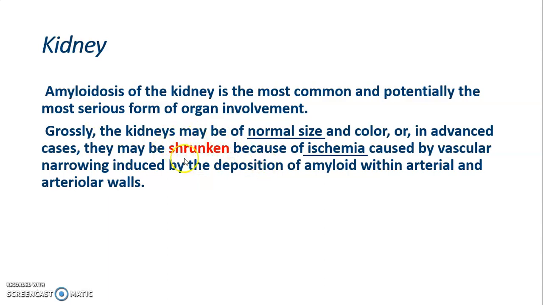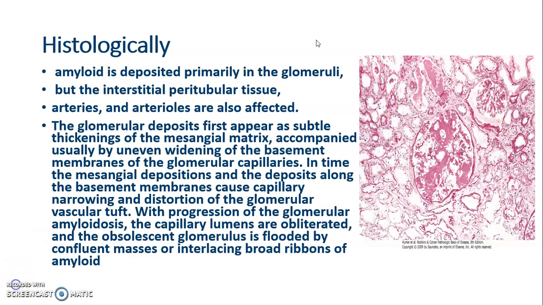The size is decreased because of ischemia, and this ischemia is due to vascular narrowing due to deposition of amyloid within the arterial and arteriolar walls. So the kidney is either normal in size or it may be shrunken in advanced cases.